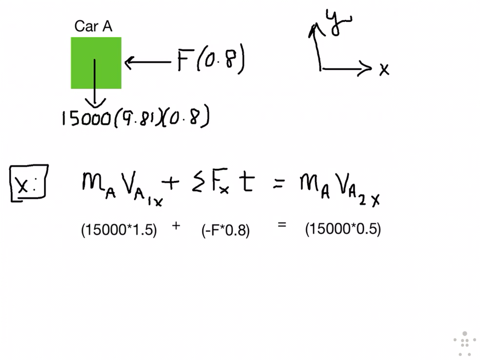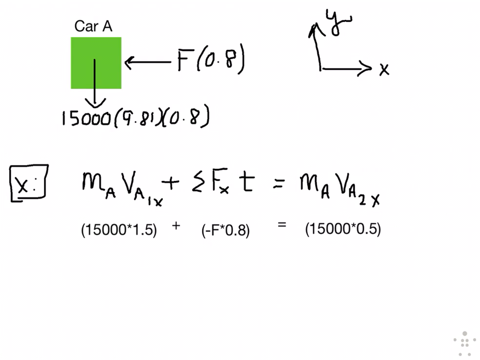So if we plug in our values, we can see that the initial momentum of A is just our mass times our velocity in the x direction, plus we have the sum of the forces in the x direction, which is only a negative F, that's our impulsive force, times our time, which was 0.8 seconds.